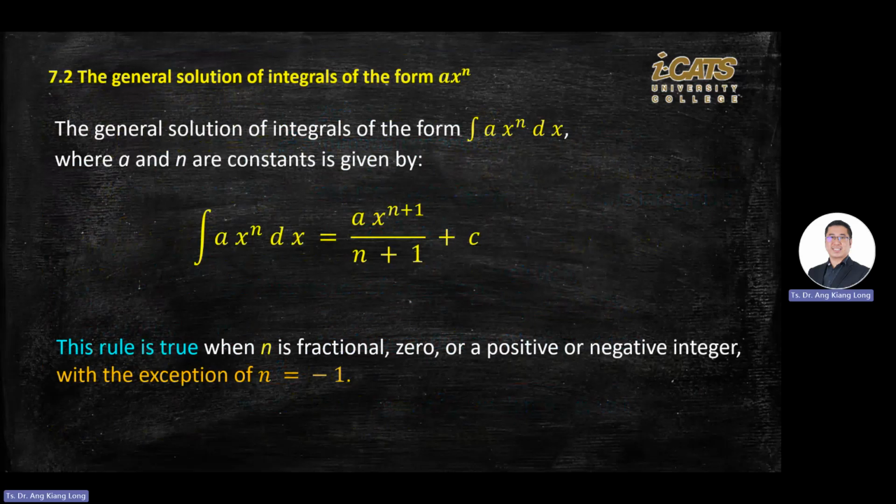Because your integral does not have a limit. When you do not have a limit, you need to add a constant value behind there. And this formula is only true when your n does not equal -1, because if n equals -1, you get infinity.